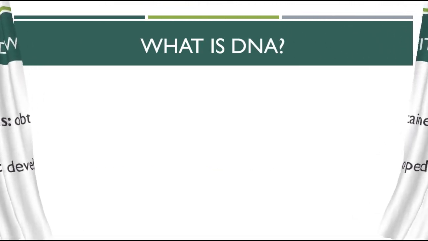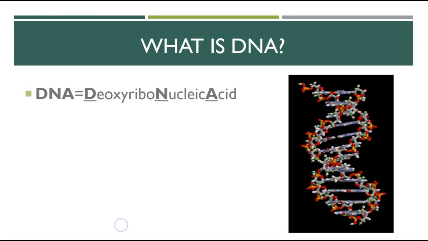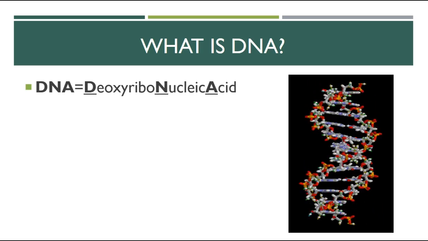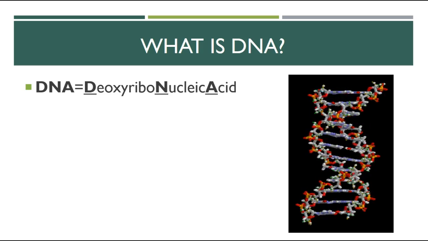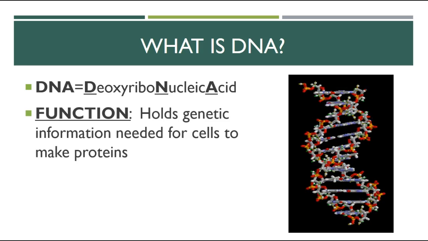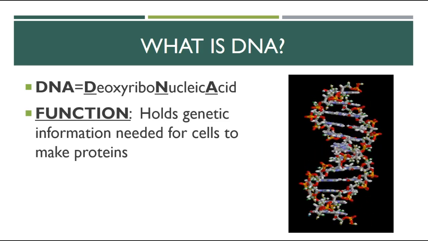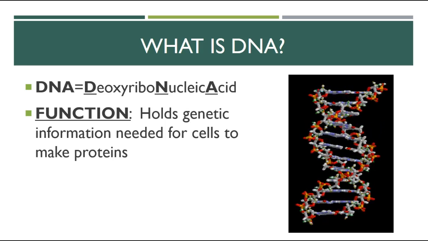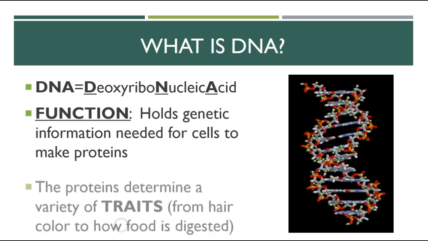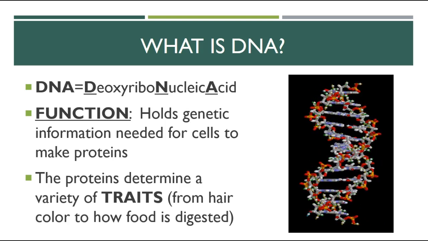So what exactly is this DNA? Well, DNA stands for deoxyribonucleic acid. And it has a very special function in our bodies. It holds all of the genetic information that's needed for cells to make protein. And these proteins determine a variety of traits.